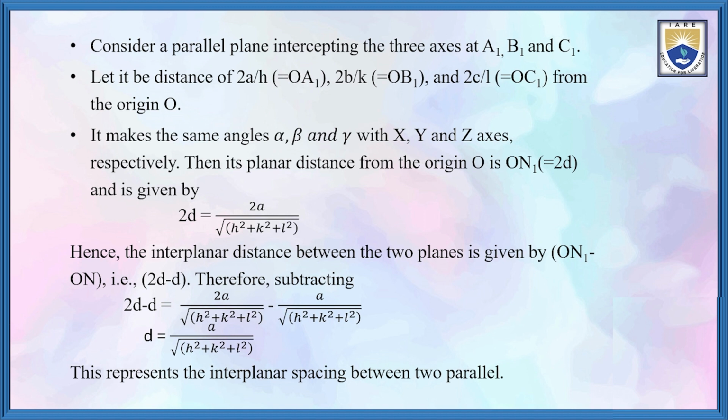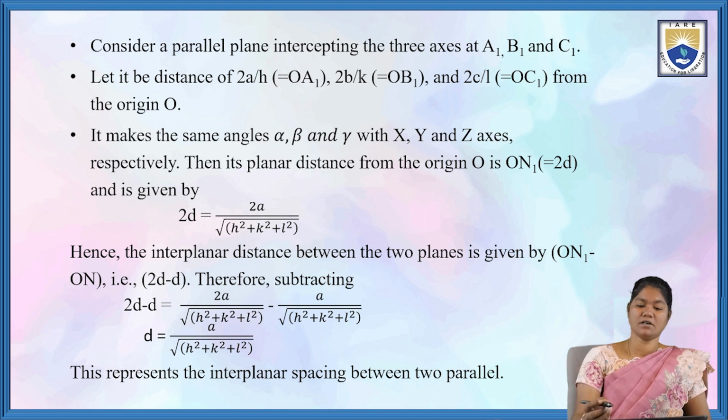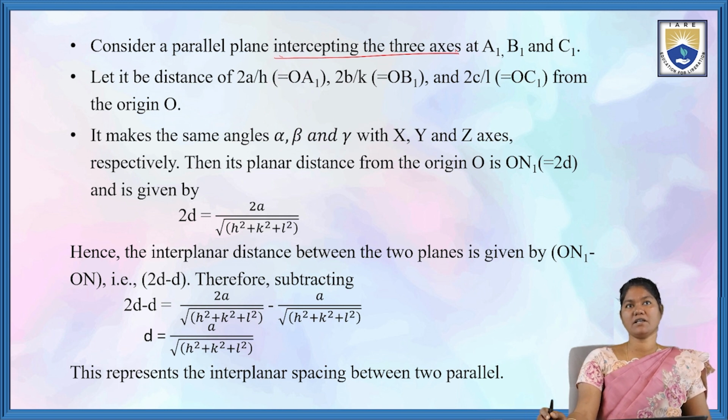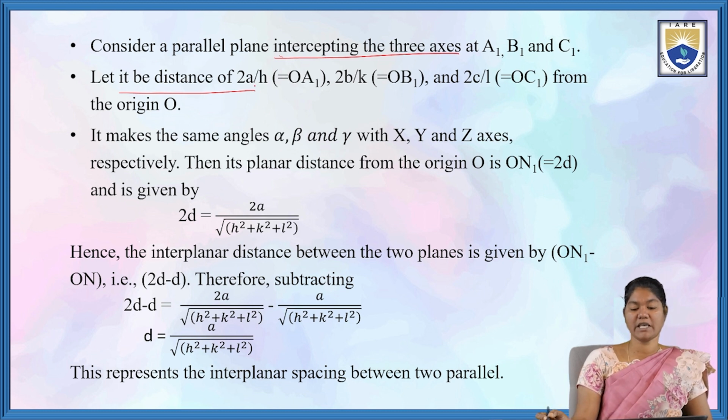Now we are taking a parallel plane, another plane which is parallel to ABC, and intercepting the three axes at A1, B1 and C1. Then for this A1, B1, C1 plane, the intercepts are at distances of 2a by h, 2b by k and 2c by L from the origin.